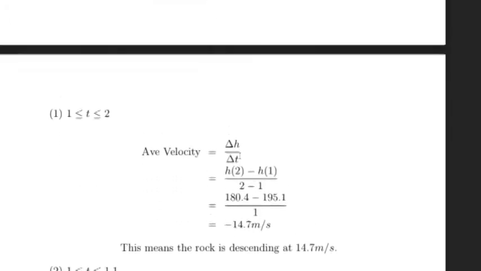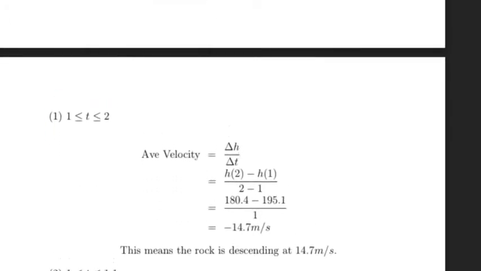Okay, so in that first time interval from 1 to 2 seconds, the average velocity is going to be the change in height over the change in time. So that is the height at 2 seconds minus the height at 1 second, over 2 seconds minus 1 second. I go to my height formula and evaluate the height at 2 seconds and at 1 second.